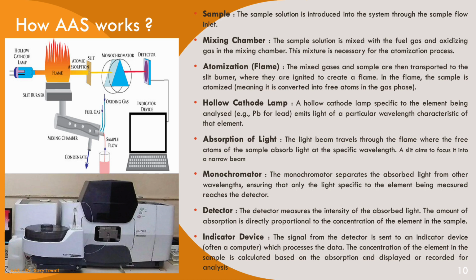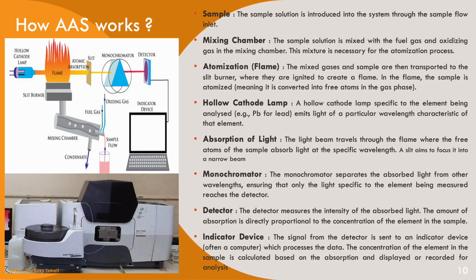You can see the slit burner on top of it under the flame, where they are ignited to create a flame. So in the flame, the sample is atomized. Atomized means it converts into free atoms in the gas phase. Even though your sample was earlier in liquid form, it will be heated until the sample is in free atom form.